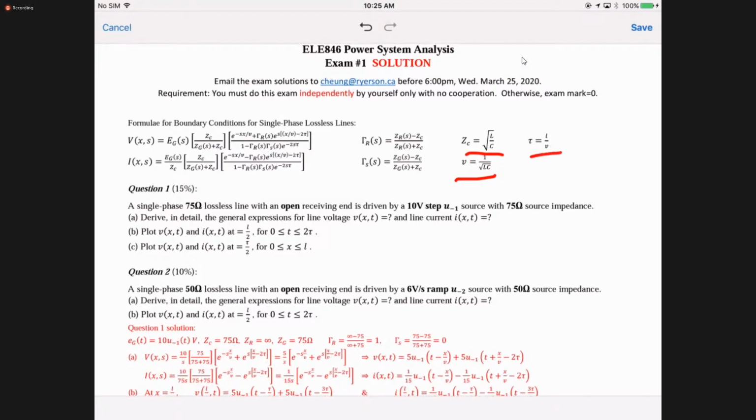This is the time required to travel the whole length of the cable, so it's the distance divided by the velocity. Then this is the reflection coefficient at the receiving end, and this is the reflection coefficient at the sending end.